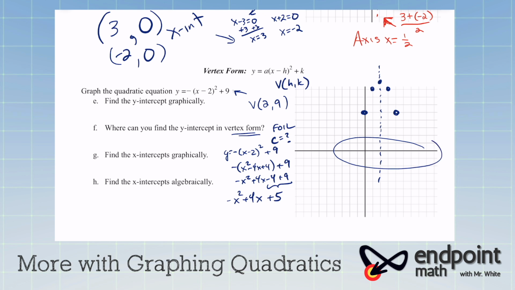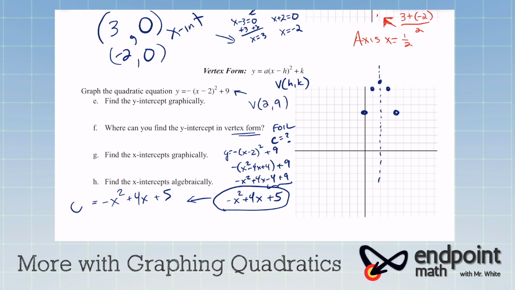Now this question is asking to find the x-intercepts also. I'm just going to focus on the algebra because anyone can go to Desmos, type it in, and figure it out graphically. So how do you do that algebraically? Well, we have negative x squared plus 4x plus 5.